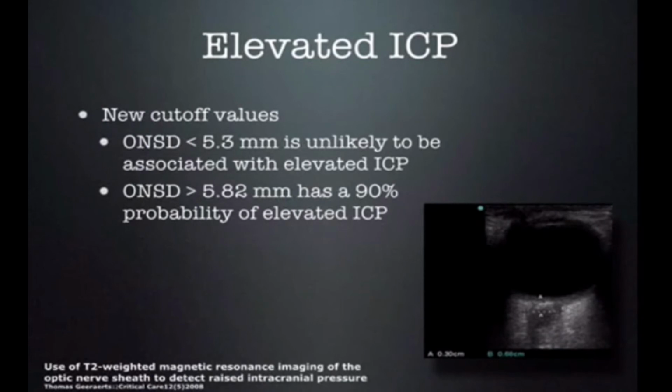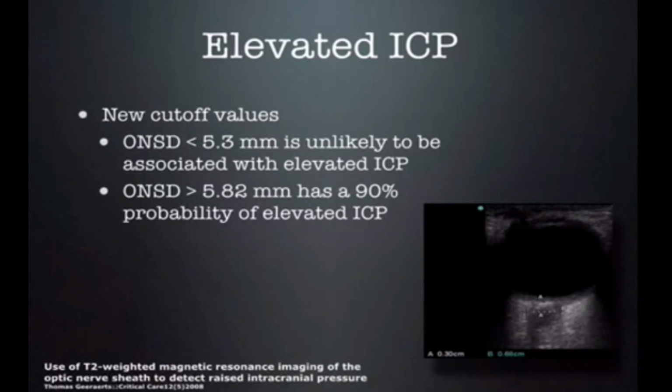These values of 5 millimeters are quoted widely in the literature, particularly in the emergency medicine literature. But if you look in other literature, if you look in other journals, you'll find that that is probably the wrong value. A better value would be 5.3 or 5.6 or 5.82, depending on who you read.